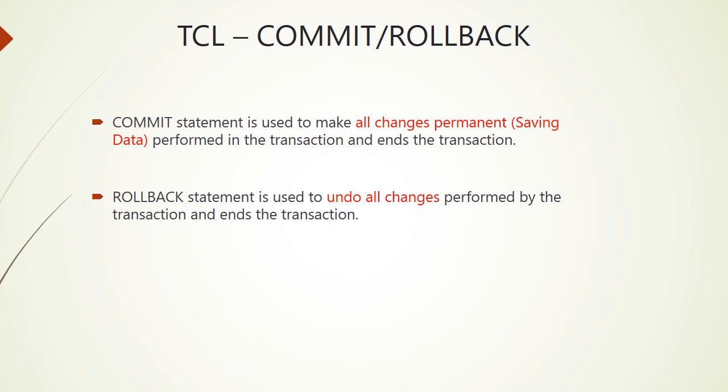A rollback statement is used to undo all changes performed by the transaction and ends the transaction. So if you run rollback after updating the current account and the saving account, all changes will be rolled back, meaning the saving account returns to the original value and the current account balance returns to the original value, which is 1,000.